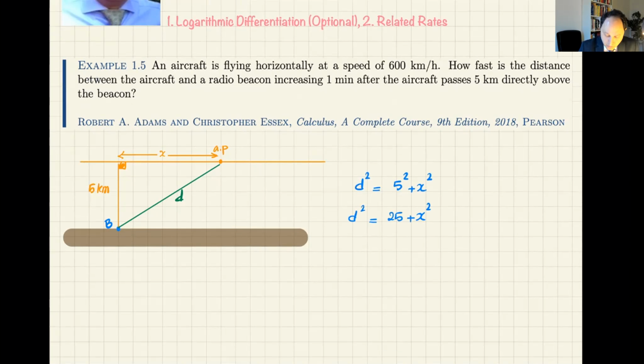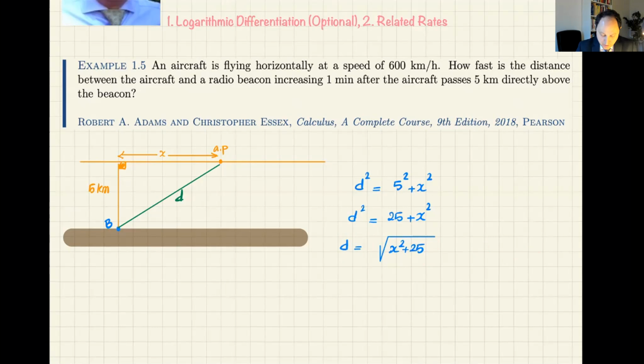And then I'm looking for D. D in principle is plus and minus when I take a square root. But I don't need the negative sign because in this context, D is the distance and cannot be negative. So even though algebraically I have to put plus and minus, I know that in this context, negative doesn't make sense. So then I have my function, but this is a function that relates D to X.